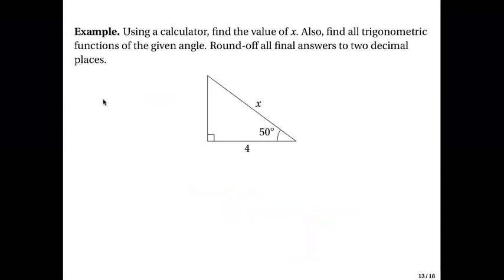Next problem here, using a calculator, find the value of x. And then, in addition, let us find all trigonometric functions of this given angle here. Okay? So, for the first, you are given the adjacent side, and you are also given the hypotenuse.